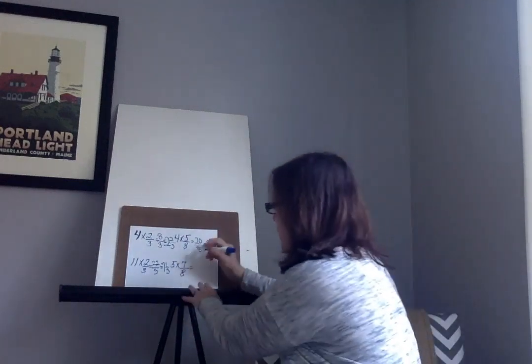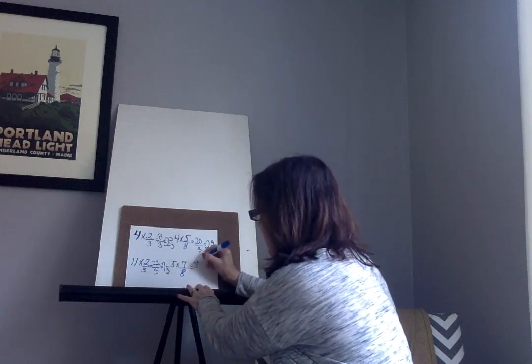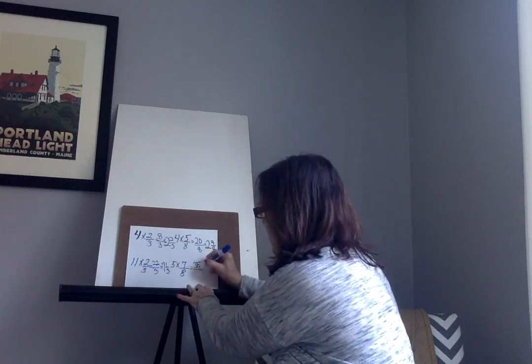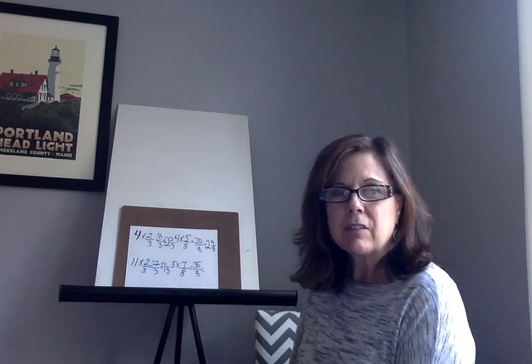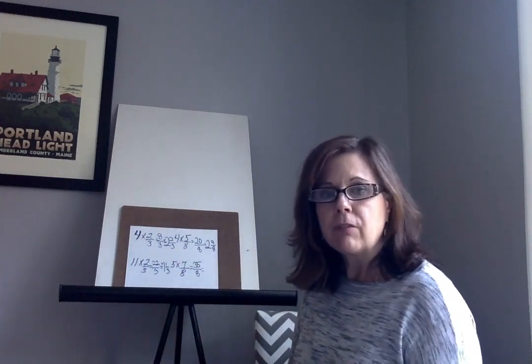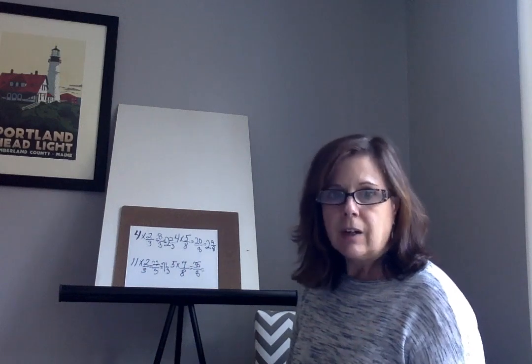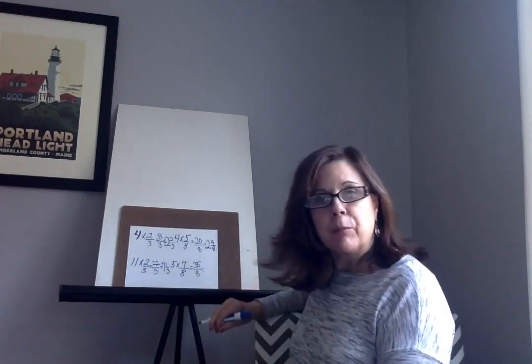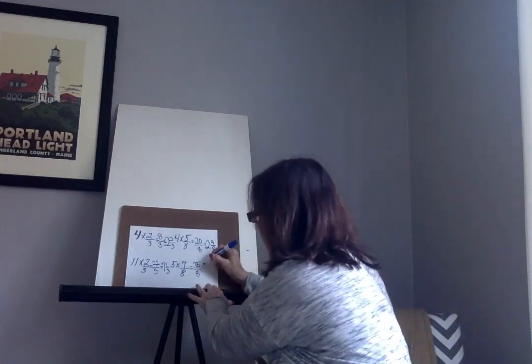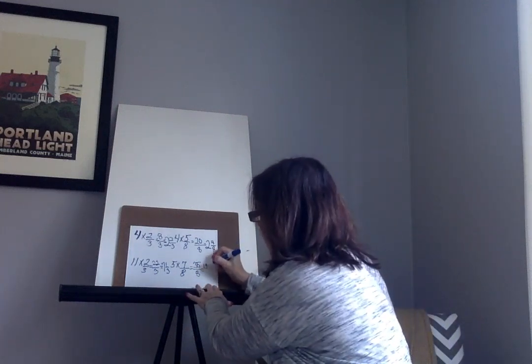Okay, so now this one, 5 times 7 is 35. Denominator stays 8. Okay, again, an improper fraction. So we have to say how many times does 8 go into 35 whole times? Okay, can't go over. So 8, well, we know 8 times 4 is 32. So that's as close as we can get to 35.